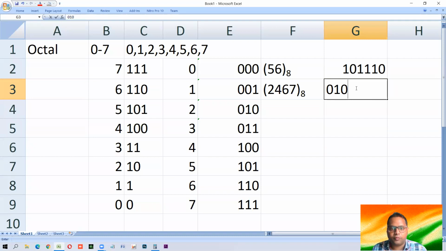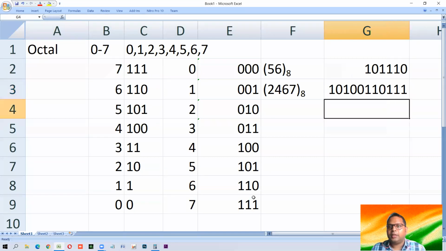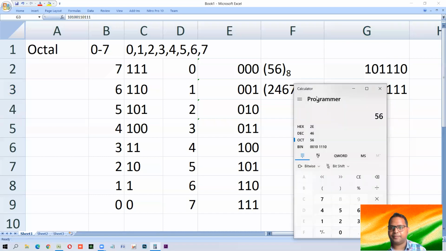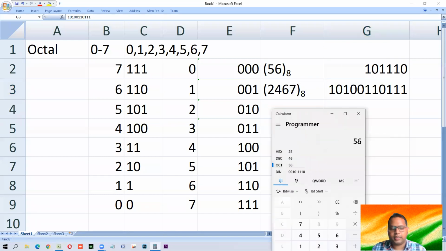Then 4 is 1, 0, 0. You have to see from the list. Then 6, 1, 1, 0. And then 7, 1, 1, 1. So this is the binary of this octal. Let us verify this. Choose octal and write 2, 4, 6, 7. Now verify it. 010 100 110 111. This is how we can do this.